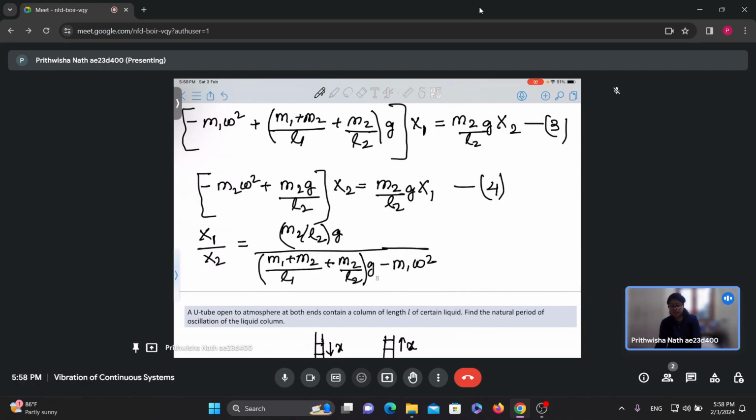So this is one of the equations. Now from the second equation also we'll get a similar x1 by x2.